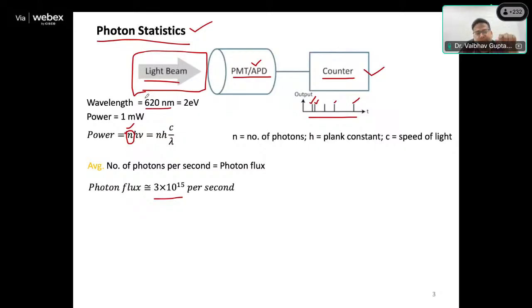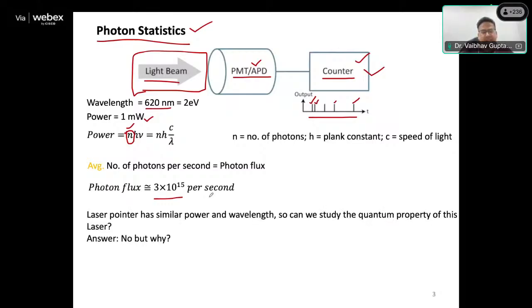If you take a diode laser, which is simply a laser pointer, with similar sort of power, and within a second you try to count, you will find that there are 10 to the power 15 photons within a second. So this counter has to be very fast, counting photons within a femtosecond. But finally a simple calculation can be done, and we can find out how many photons are there.